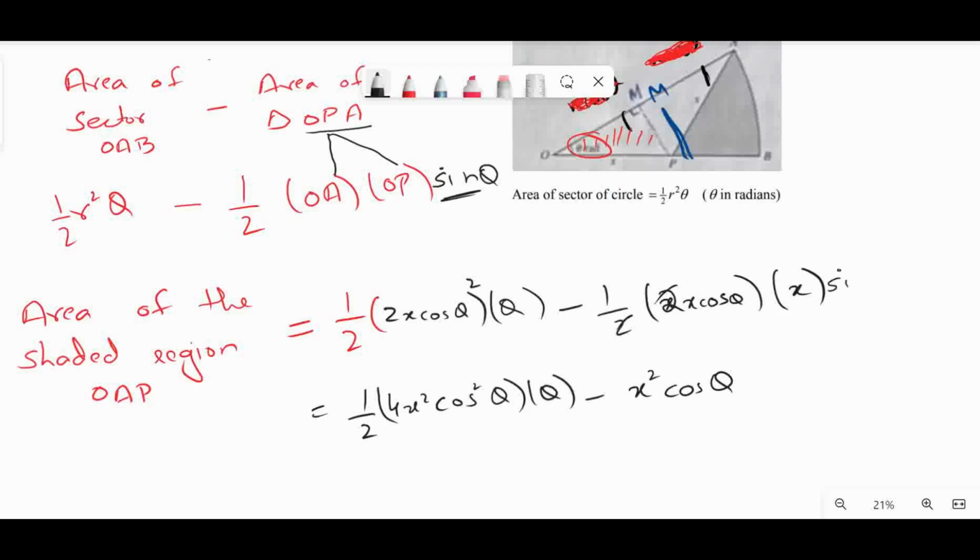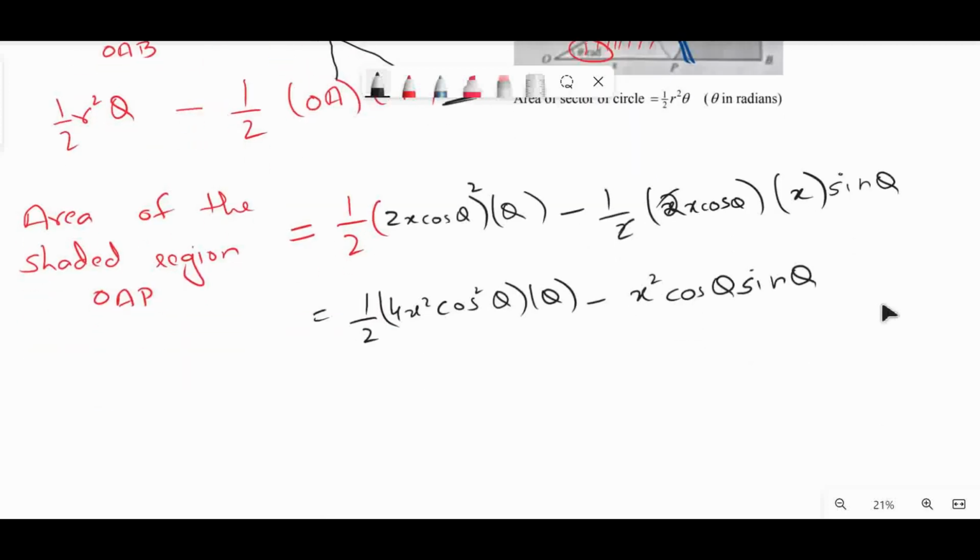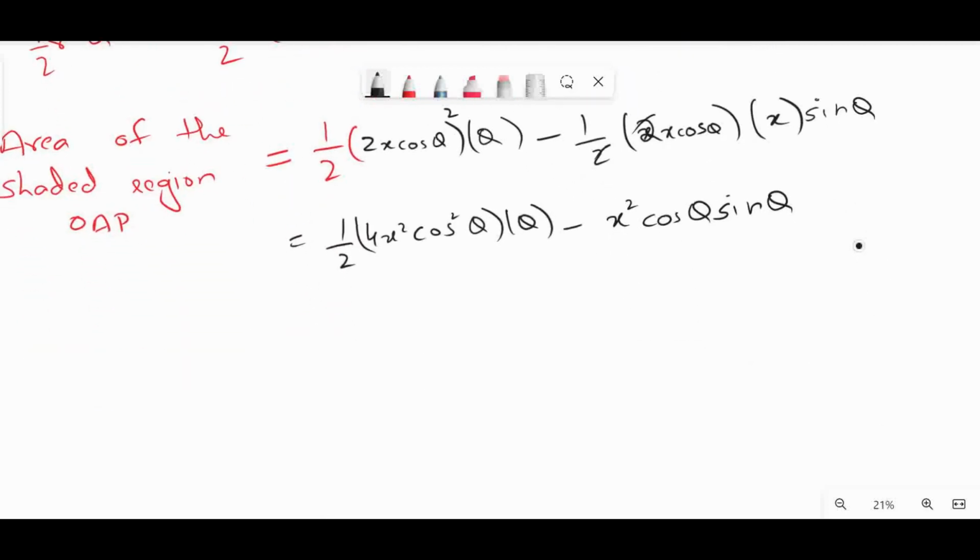Now we can simplify it: we can cancel out these twos. So this must be equal to 2x square theta cos square theta minus x square cos theta sine theta.